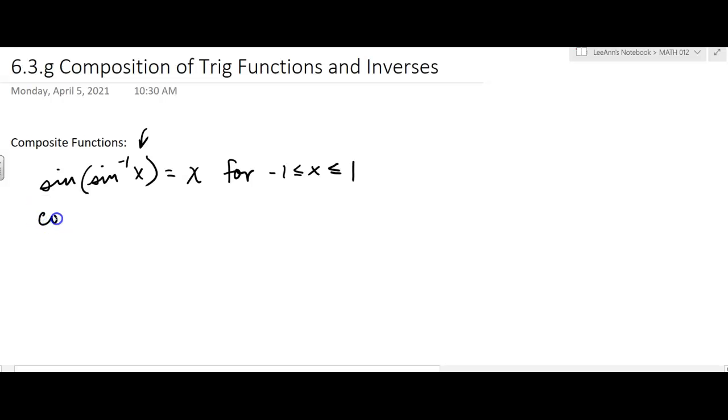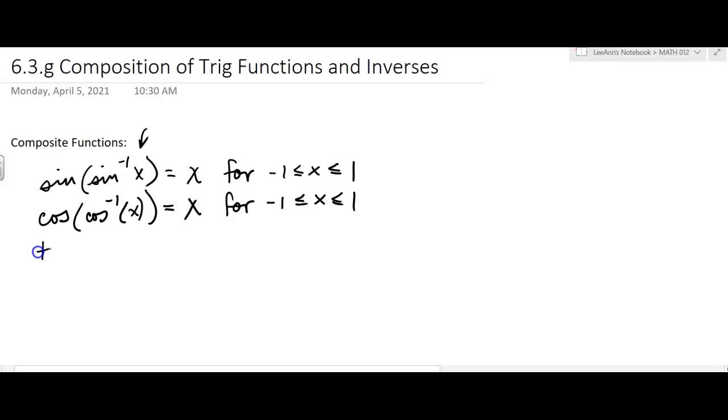And then cosine, we can do the same thing. Cosine of inverse cosine, well, I put it in extra parentheses, equals x. And that's got the same range on the cosine function. So x has to be between -1 and 1.